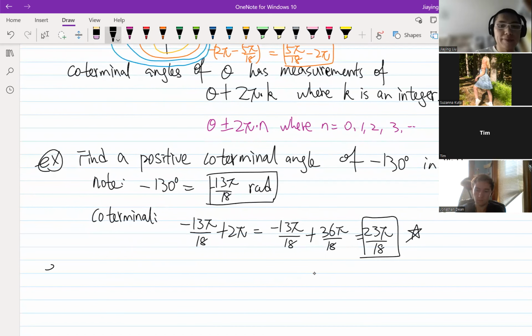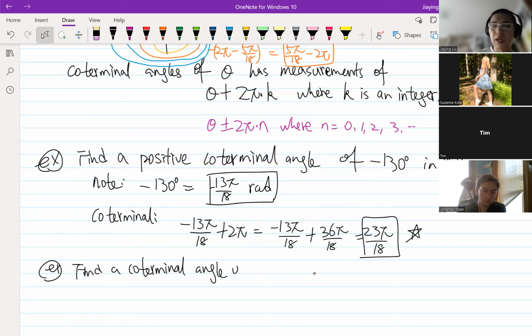All right, the second example I have is find a coterminal angle of, let's see, the angle I have is 29 pi over 3.